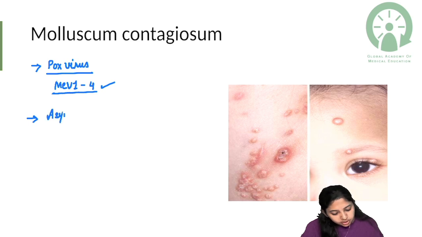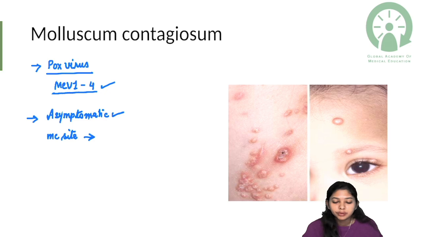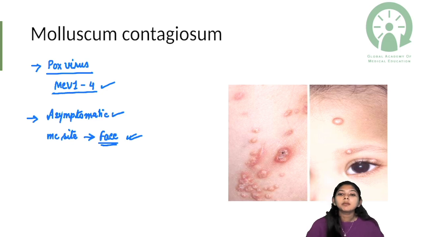These lesions are usually asymptomatic, right? The most common site is the face. You get it very commonly on the face as you're seeing in this patient. Which is the most common population affected? It is again what you're seeing in the picture, a child. So you get pearly white umbilicated papular lesions on the face in a child.